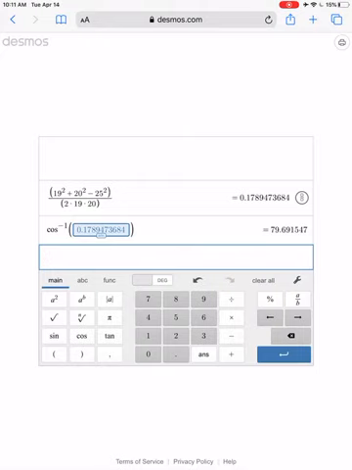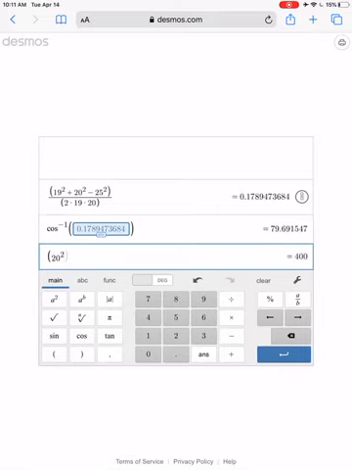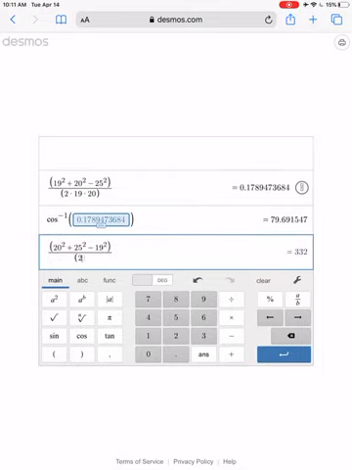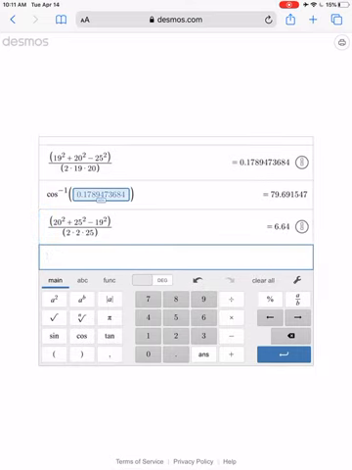Okay? And now we're going to do the next one. So 20 squared plus 25 squared minus 19 squared divided by 2 times 20 times 25. Oops, I made a mistake.